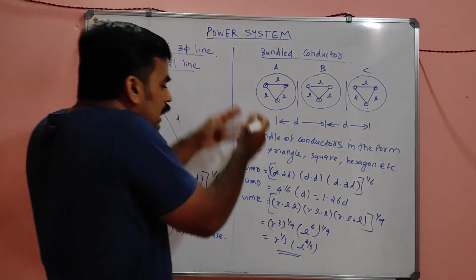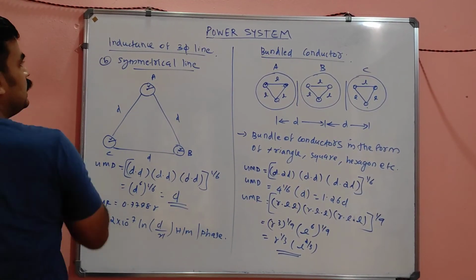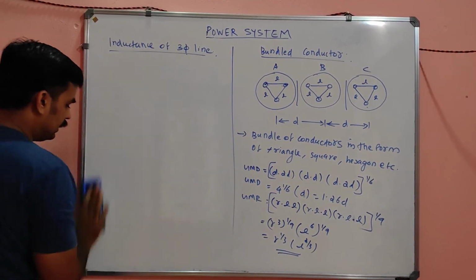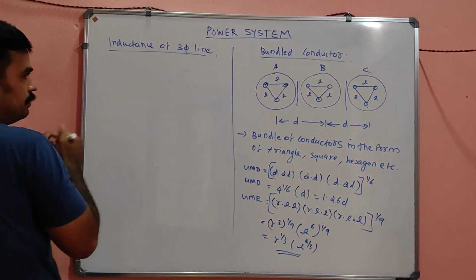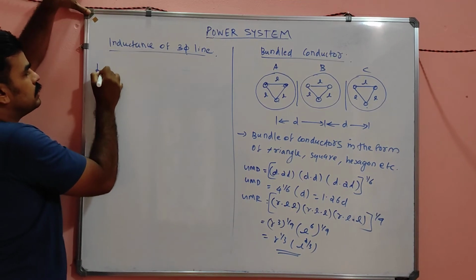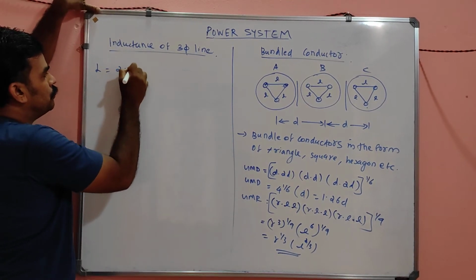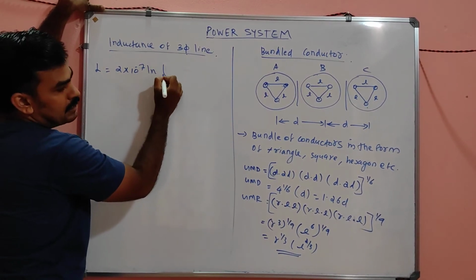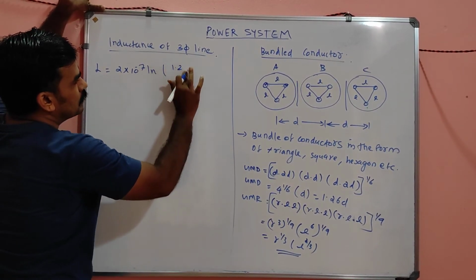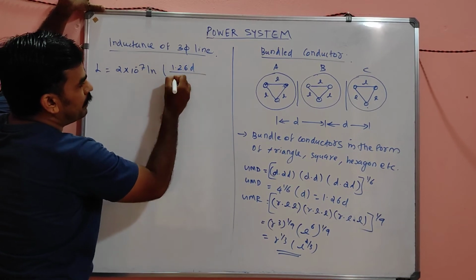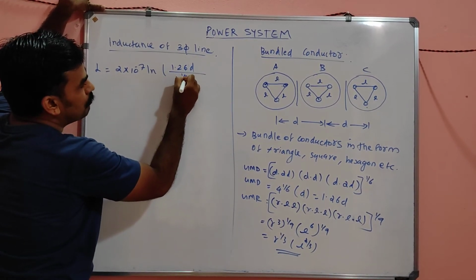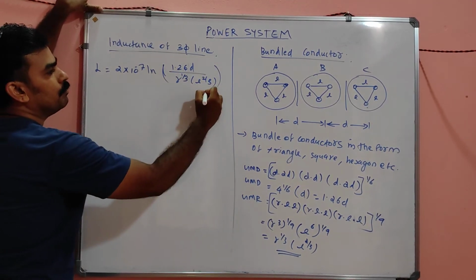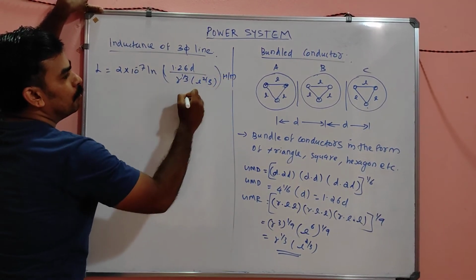So by bundling the conductor, my dear, see what will be the inductance: L = 2 into 10 raised to minus 7 Ln of GMD by GMR, which is 1.26 D divided by R raised to 1 by 3 into L raised to 2 by 3.